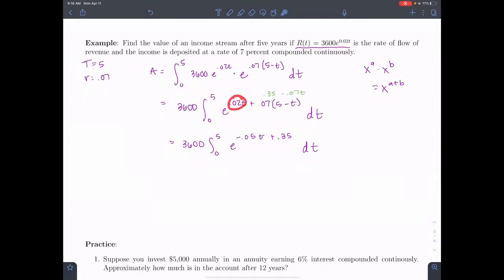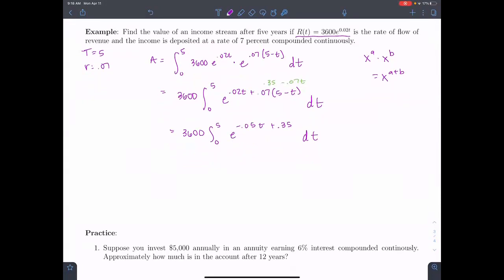The 0.02 and negative 0.07 give us the negative 0.05. Then doing this, you get 3,600 over negative 0.05 times e to the negative 0.05t plus 0.35, evaluated from 0 to 5.